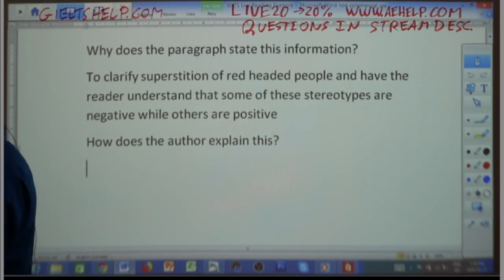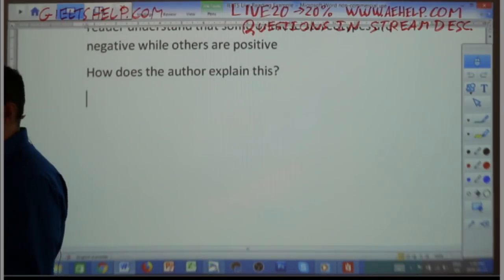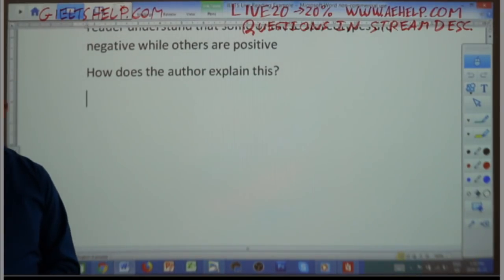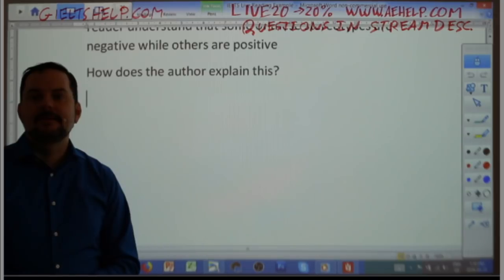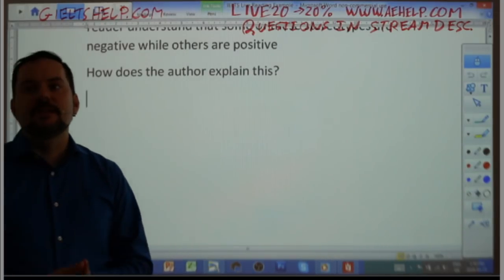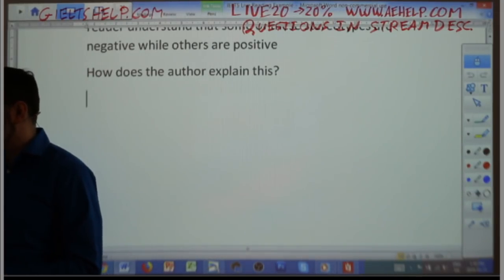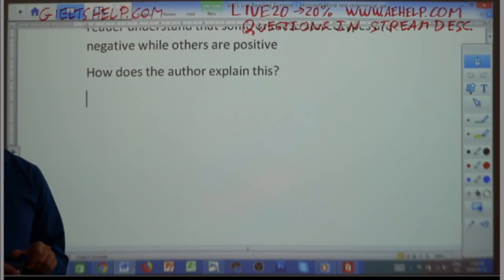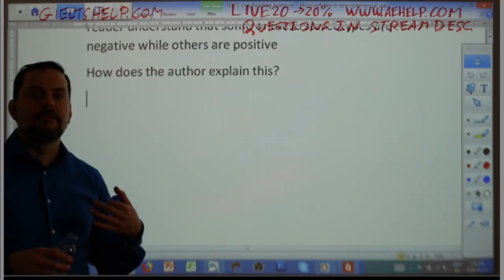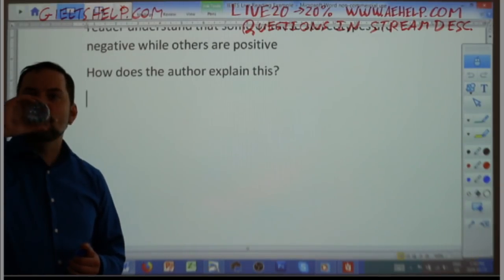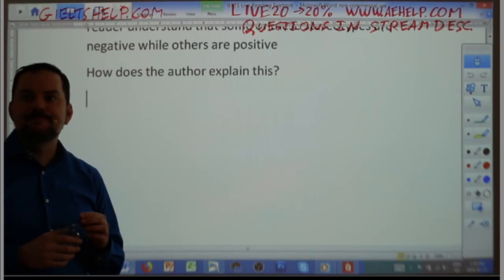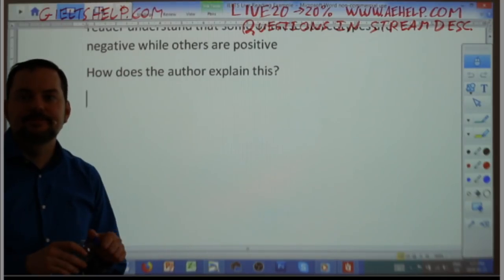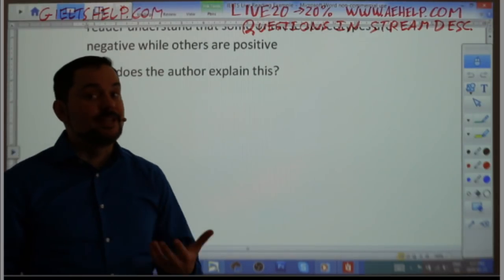So how does the author explain this? Anybody? How does the author explain that both negative and positive stereotypes have existed for redheads in history? And this is what you need to do in your task 2 writing.